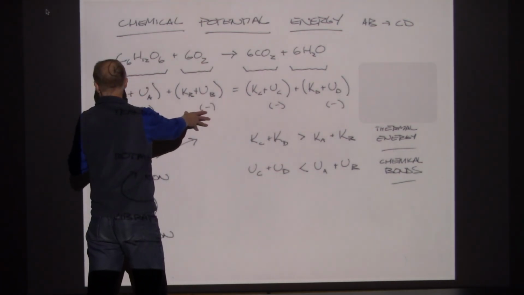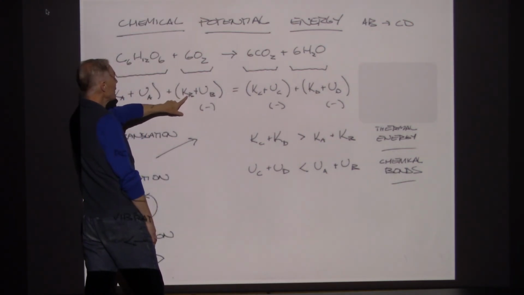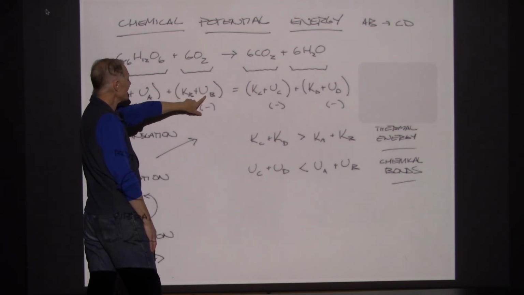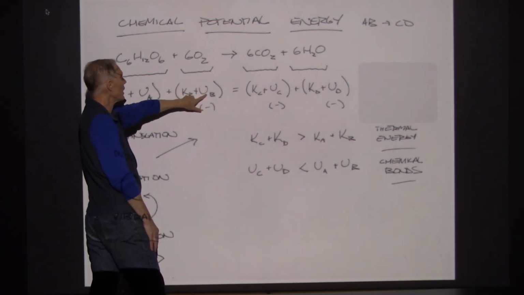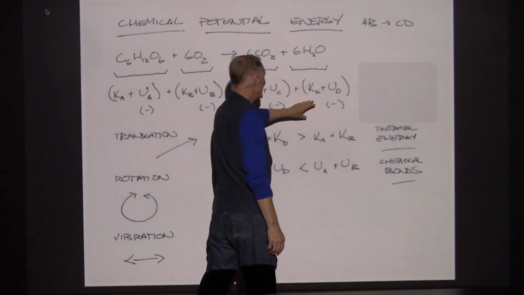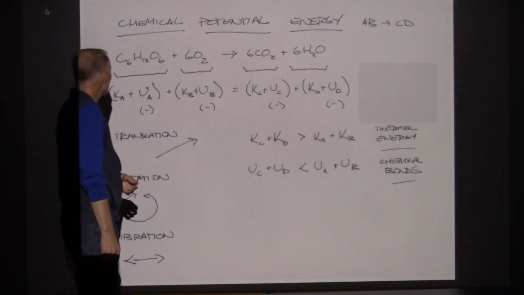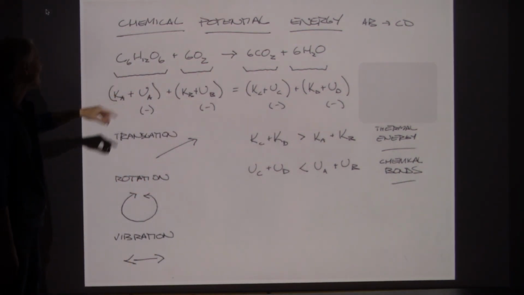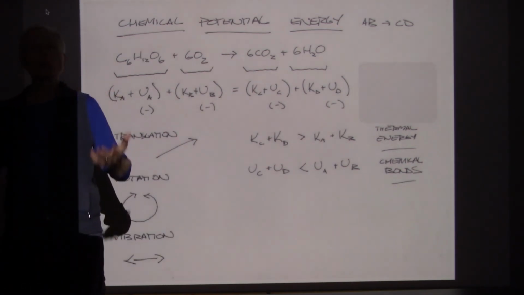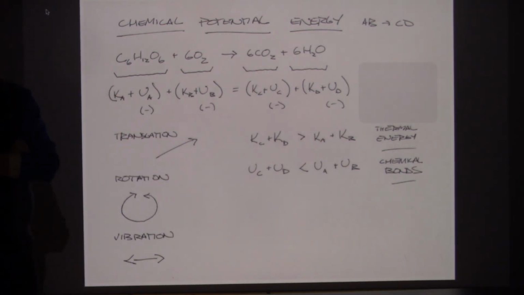Here is the oxygen, same thing. I've got kinetic energies in the electrons and some kinetic energies in the nuclei. And then I've got potential energy due to the interactions of the electrons with the nuclei. And then I'm going to form CO2 and H2O. Now you may be familiar with the idea that glucose contains a lot of chemical potential energy.